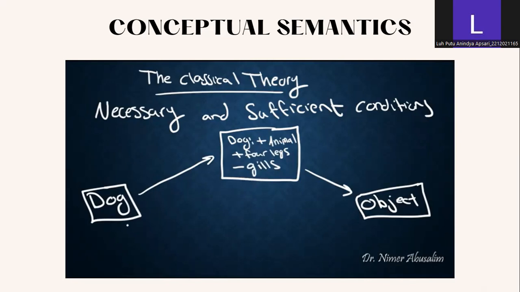And then every time you say the word dog and you want to identify if this word denotes the actual dog you see in the real world, you would use this list of necessary and sufficient conditions to determine whether what you see in the real world is a dog or not. Is it a member of the category dog or not? This is going to be based on these conditions.